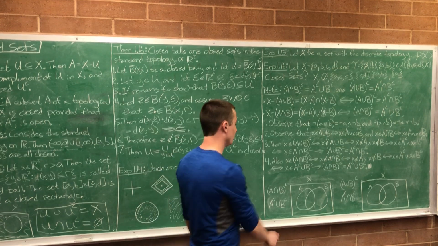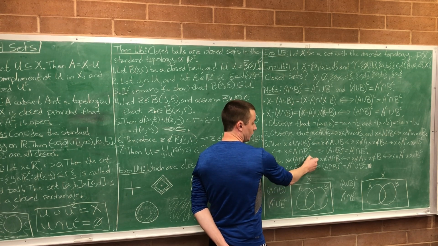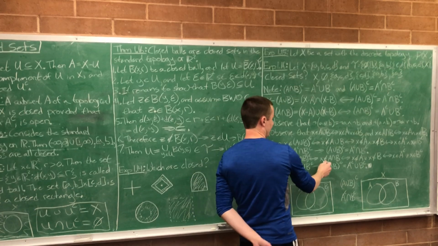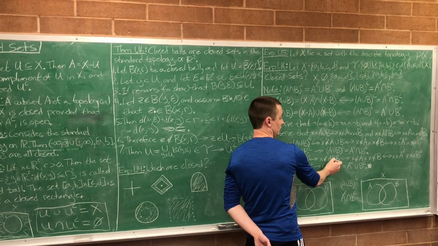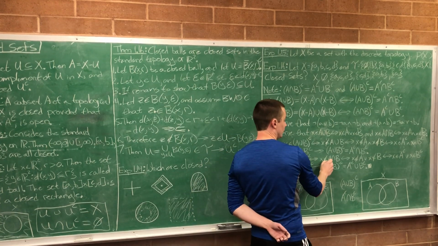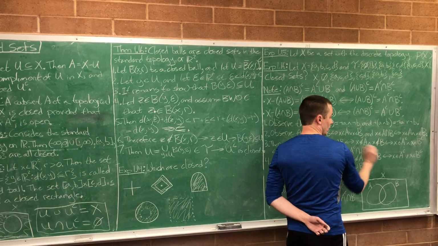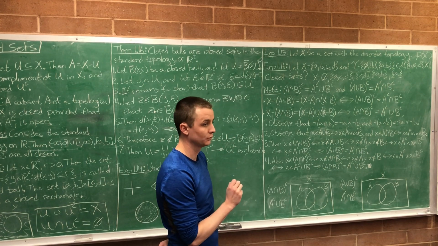And then almost identical thinking for this one. X being in A intersect B complement, that's the same thing as X is not in A intersect B, right? And if X is not in A and B, then X is not in A or X is not in B. That's De Morgan's behind the scene.